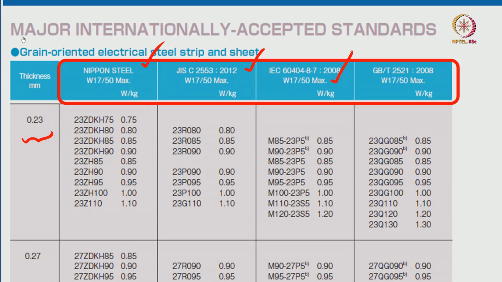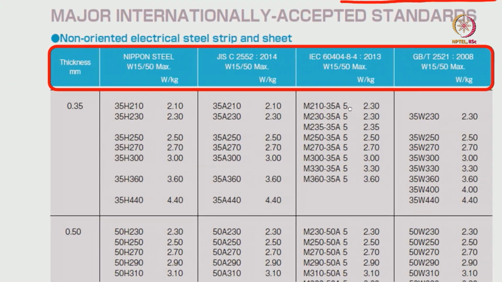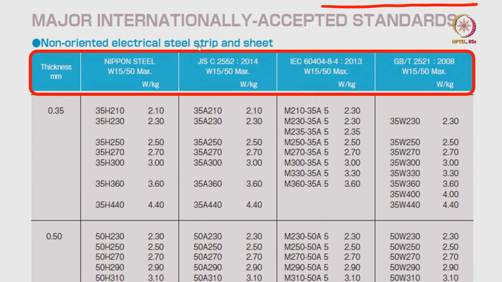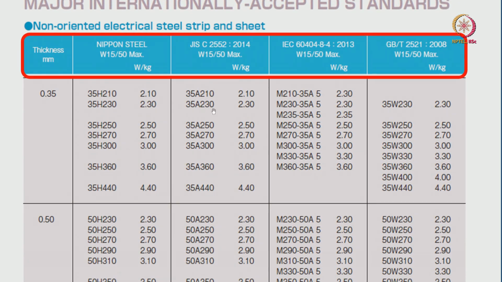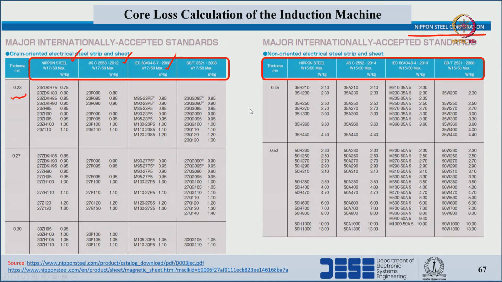This is for grain oriented electrical steel, and on the right side we can see non grain oriented electrical steel for electrical machines. Grain oriented steels we utilize for transformers, where the magnetic domains are aligned in one particular direction. These are the things with respect to the loss calculations using method 1.